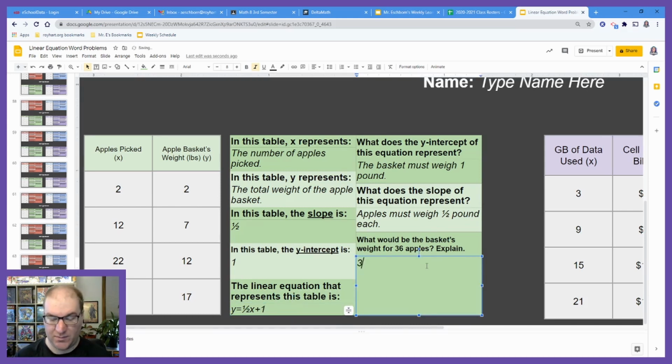So 36 apples would weigh 18 pounds. The basket weighs 1 pound. Altogether, this would weigh 19 pounds.